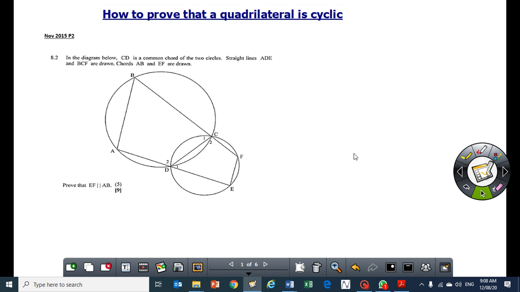You can also prove that the angles are co-interior, which means if they add up to 180, then you can say therefore EF is parallel to AB. Lastly, if you can prove that they are alternate angles, meaning the angles are equal, then you can conclude that the lines are parallel. So there are three ways of proving that lines are parallel: alternate angles being equal, corresponding angles being equal, or co-interior angles being supplementary.